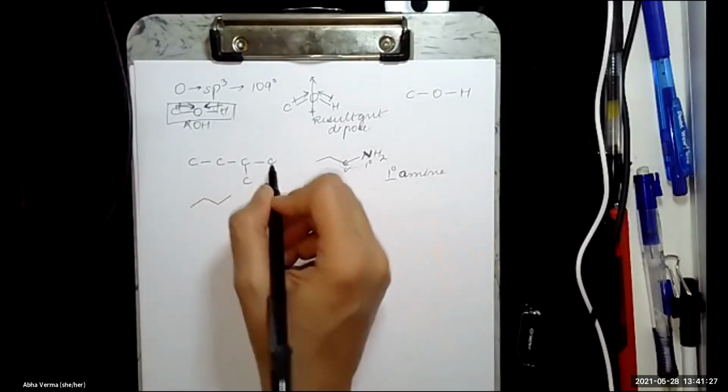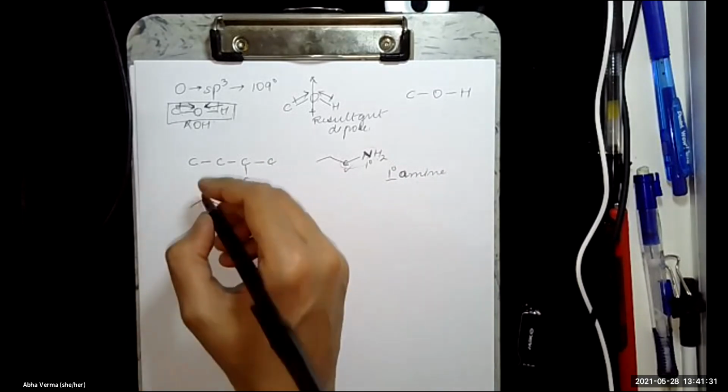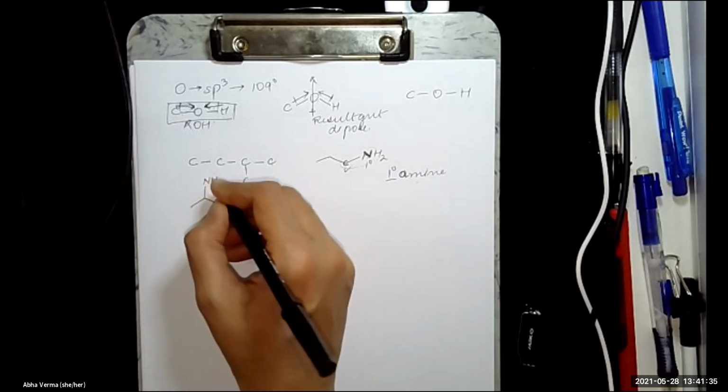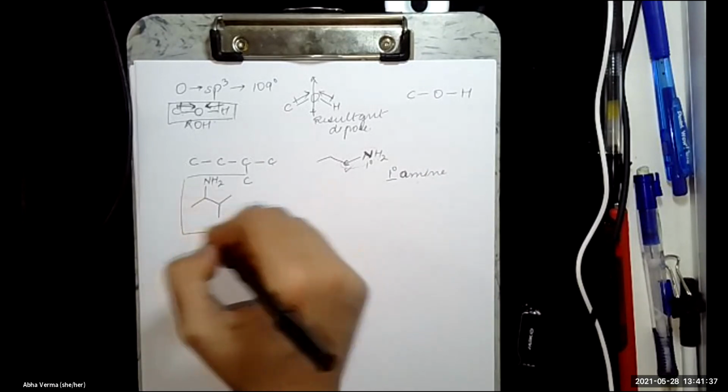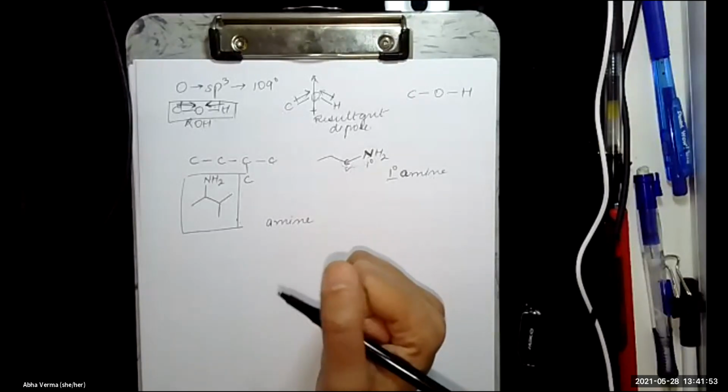So 1, 2, 3, 4. And now I have my NH2 here. Who can tell me what is this structure? How will I classify it? What functional group is this? Amine. Secondary amine. Why secondary, Sammy?